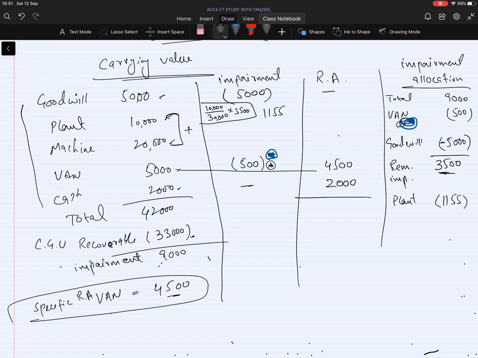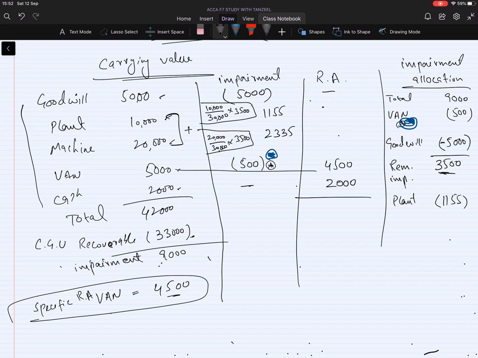Now calculate machinery. 20,000 is the value, divided by 30,000, multiplied by the remaining impairment, which is 3,500. 2,335 will be impaired, and the remaining recoverable amount is 10,000 minus 1,155.